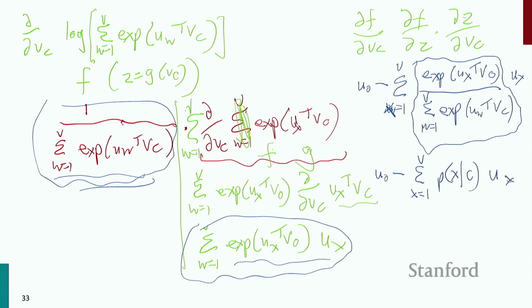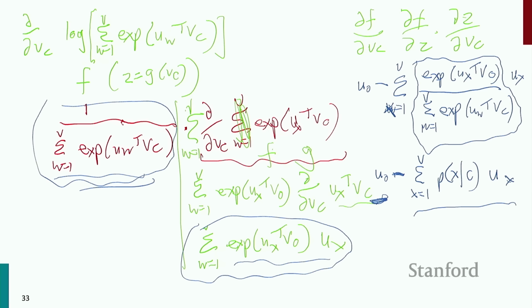So what this is saying is we're wanting to have this quantity which takes the actual observed u vector and compares it to the weighted prediction. So we're taking the weighted sum of our current u_x vectors based on how likely they were to occur.